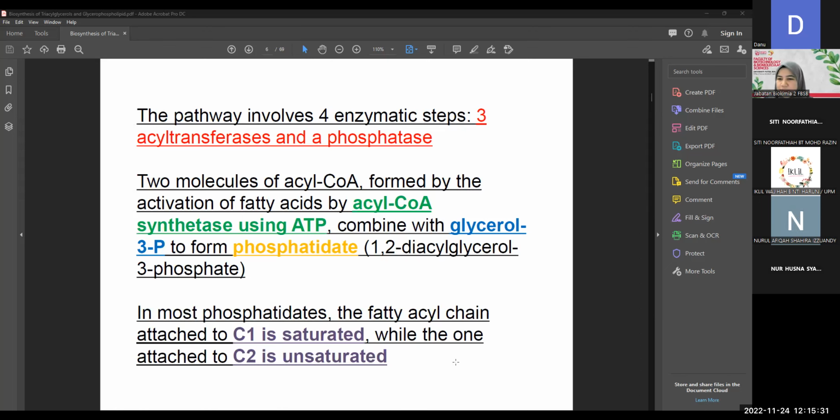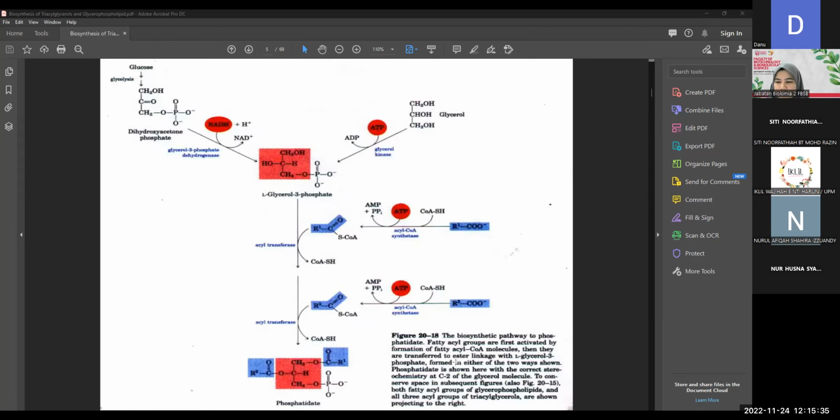So basically this is the summary, you can have a look. Phosphatidic acid is also known as 1,2-diacylglycerol 3-phosphate. That's the specific name.